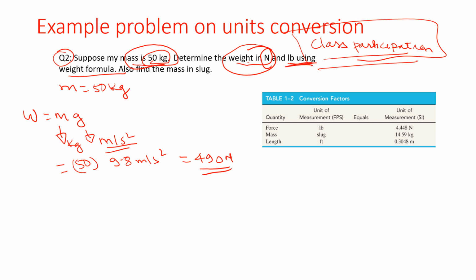Again, using the weight formula, you need to find the weight in pound. The formula is the same: weight is mass multiplied by acceleration due to gravity. In order to get weight in pound, remember that mass has to be in slug, and acceleration due to gravity has to be in feet per second square.